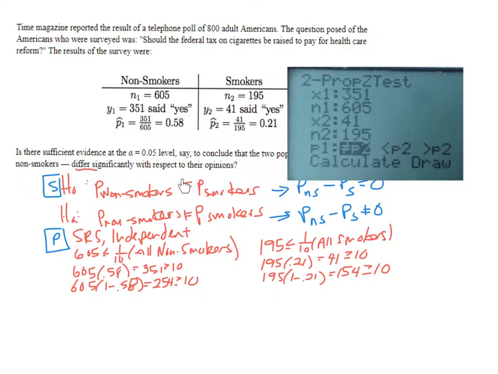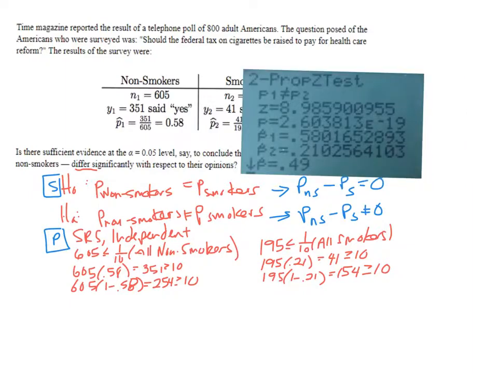If you want the non-smokers to be greater than, then make sure you put non-smokers here, smokers here, and then put a greater than. Okay? So make sure that you check your work as you go so you're not accidentally having the inequality facing the wrong way. All right, so I'm going to hit calculate on that.